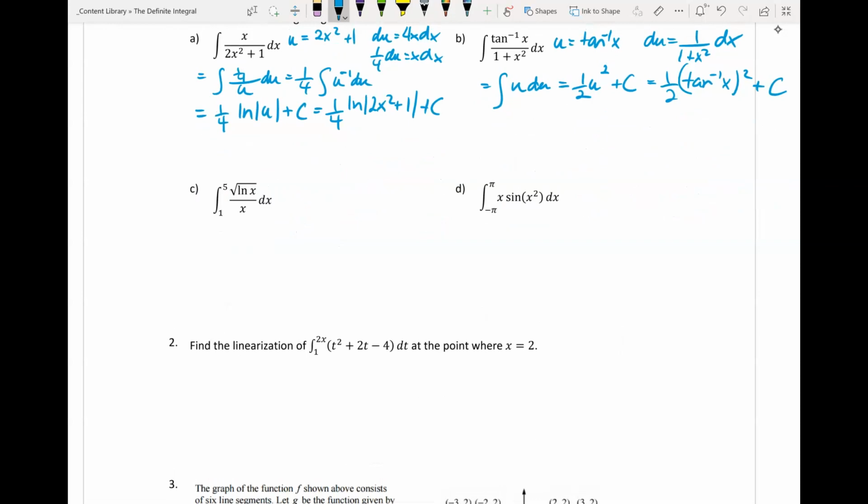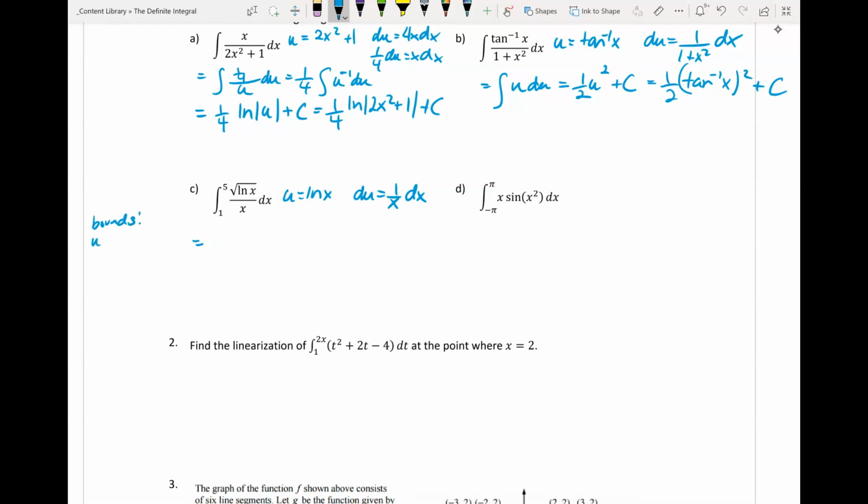Moving on to c, if we take the derivative of ln x, we're going to get back 1 over x. So then du is 1 over x, and don't forget your dx. We do have a definite integral here going from 1 through 5, so it's up to you which method you're going to use. I think I'm just going to find my new bounds right away. I'm going to do that on the side.